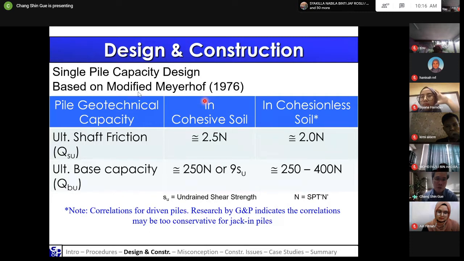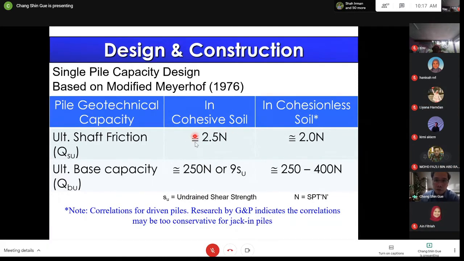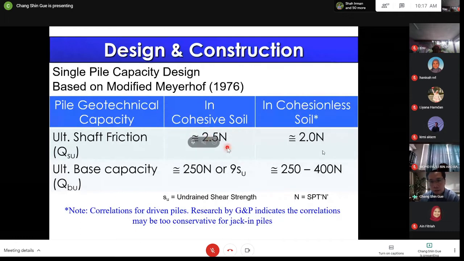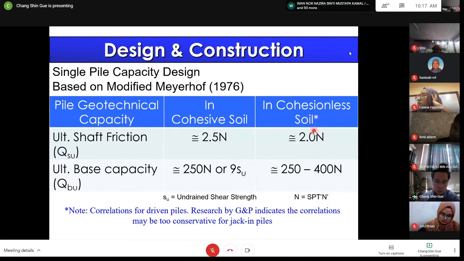So for shaft friction, if you are looking into cohesive soil, which means that it's more clayey material, you can start off with 2.5 N. So it's 2.5 multiplied by the SPT N number. Whereas in cohesionless soil, for example, sandy material, then you can use 2N. And for the base capacity, typically you can use 250N or 9 times the Su. Su is the undrained shear strength. And in cohesionless soil, it's about 250 to 400 N.